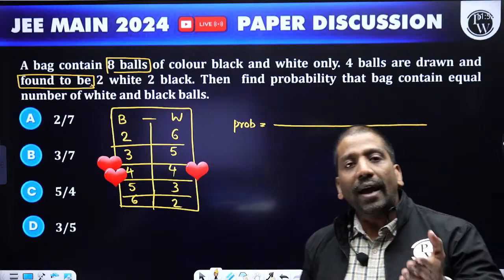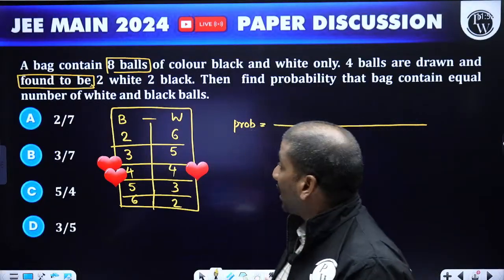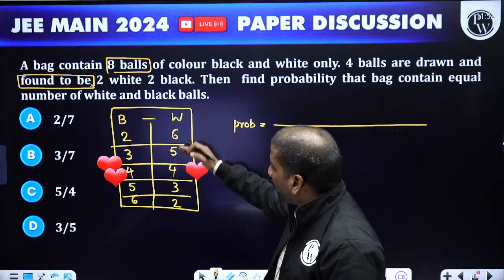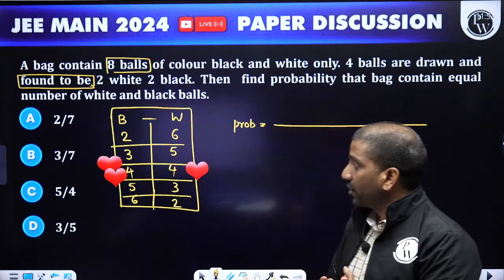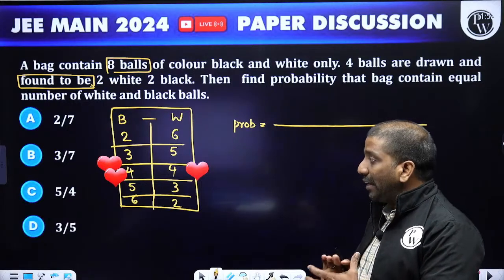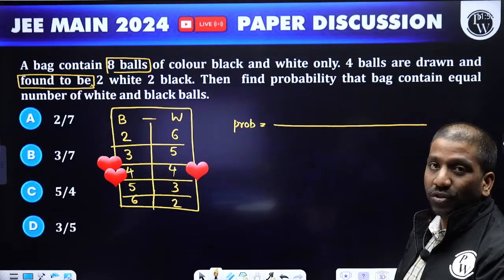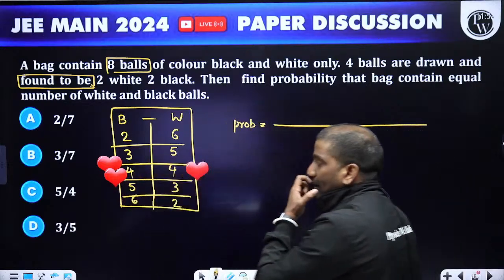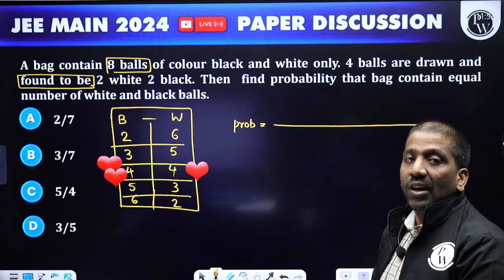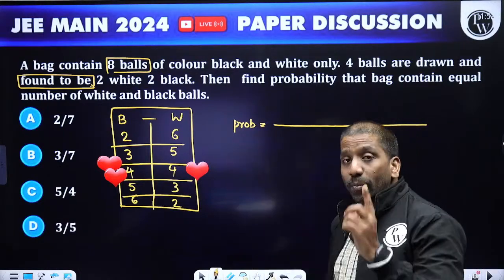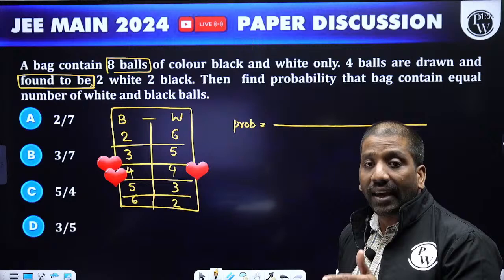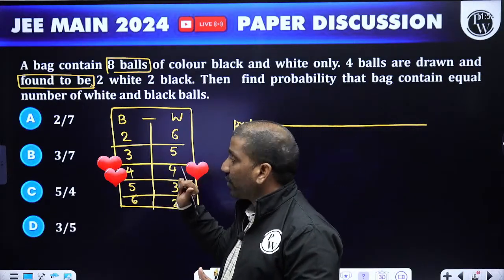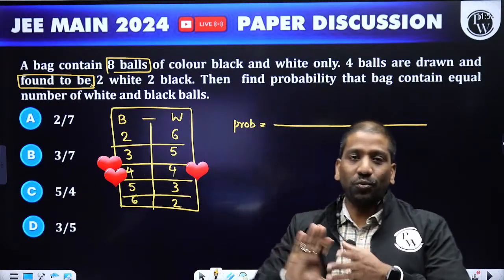These 2 black and 2 white can be obtained in 5 different ways, in which only one is the favorable case, 4 and 4. So we need to get these 2 black and 2 white in the case of 4 and 4. So that's what we want.